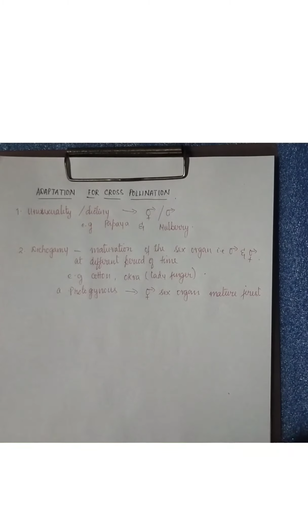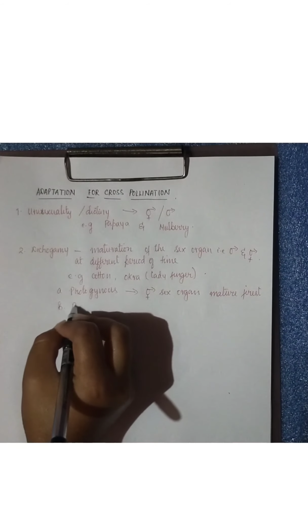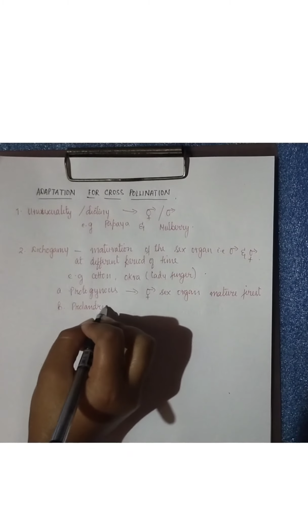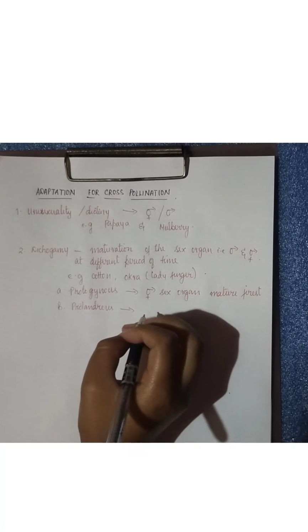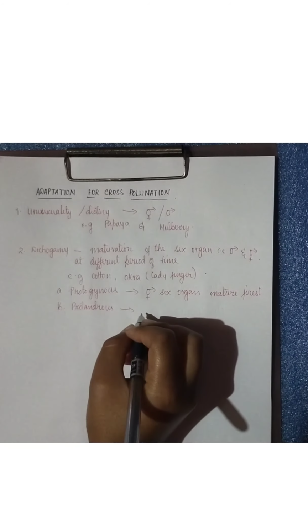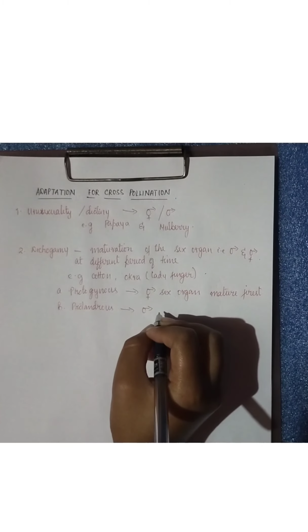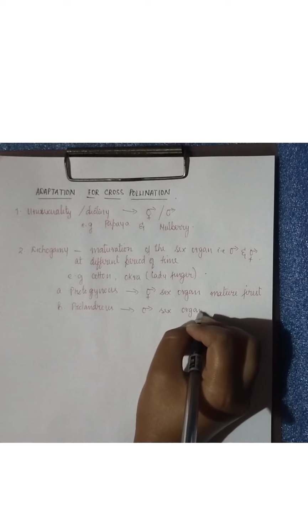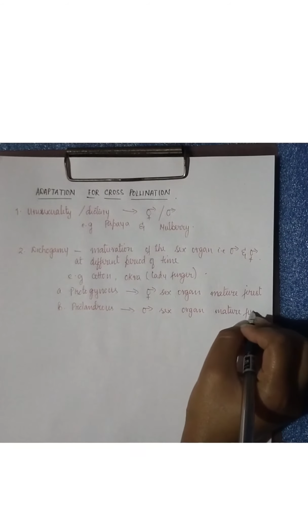And then number two is protandrous. The androecium, that is the male sex organ, matures first.